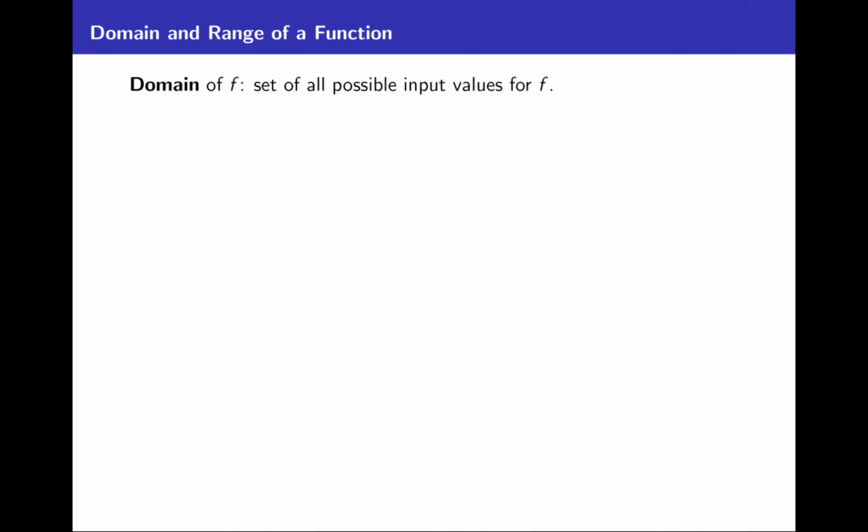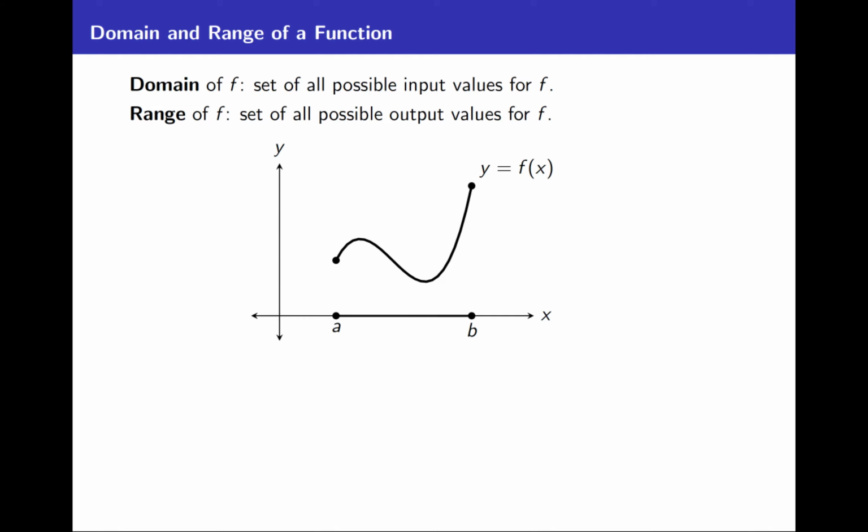I'd like to spend some time talking about the notions of the domain and range of a function. The domain of a function f is the set of all possible input values for f, whereas the range of f is the set of all possible output values for f. So to illustrate that, think about the function that's described here by its graph, y equals f of x, just this little segment of a curved line between x equals a and x equals b.